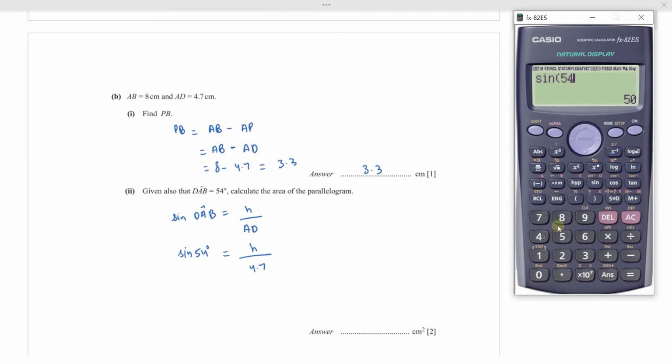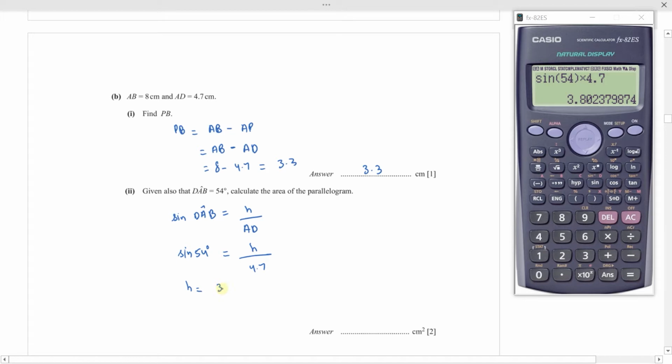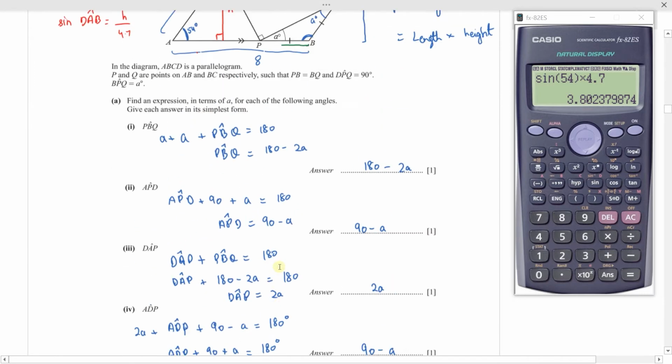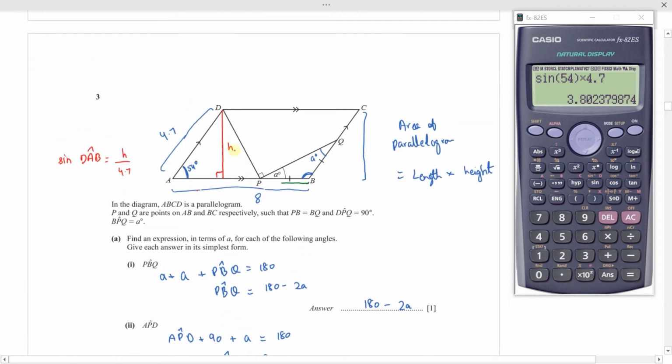So sine of 54 multiplied by 4.7 is 3.802. So your perpendicular height of the parallelogram is 3.802 centimeters. Now I know the perpendicular height, and I know this length is 8.